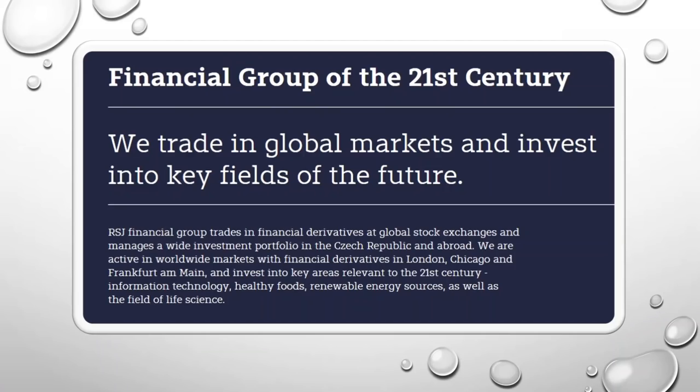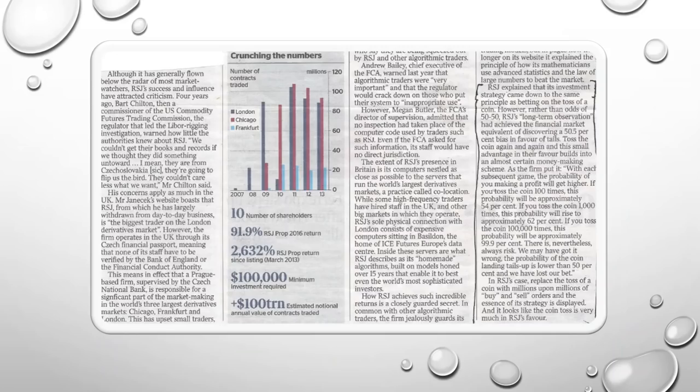They're a financial group that operate in derivatives, and there was an article that came out in the Times a couple of years ago, and it was quite interesting. It says, how does RSJ achieve such incredible returns in a closely guarded secret? In common with other algorithmic traders, the firm jealously guards its secrets, obviously. But it basically talks about how they use advanced statistics and the law of large numbers to beat the market.